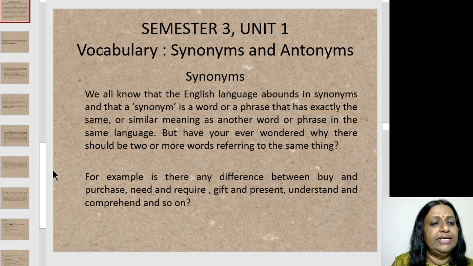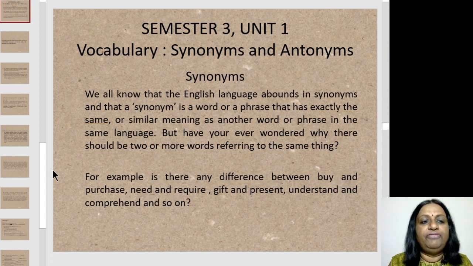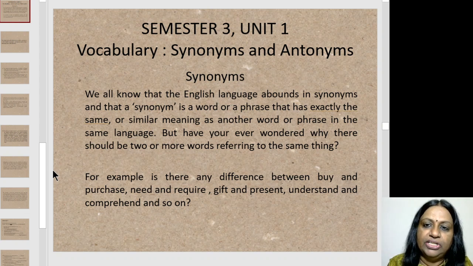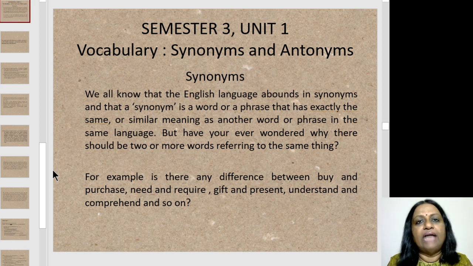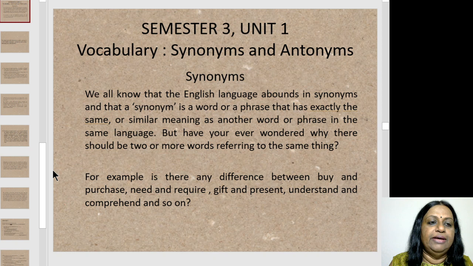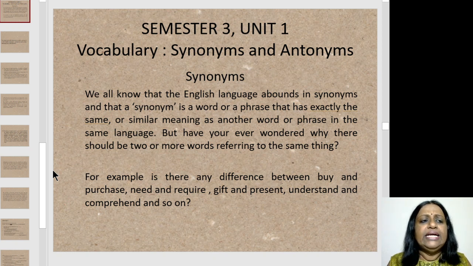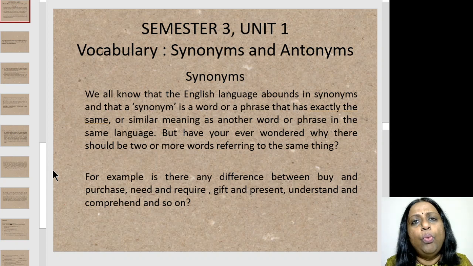What are synonyms? Synonyms are words or phrases that have exactly the same or similar meaning as another word or phrase in the same language. And English, like other languages, abounds with synonyms. But have you ever wondered why there are two or more words with similar meanings?